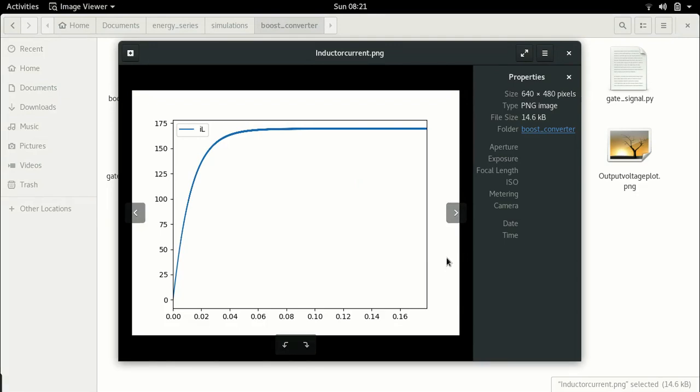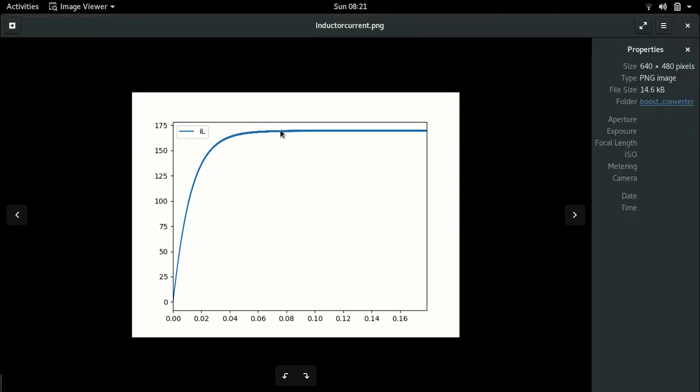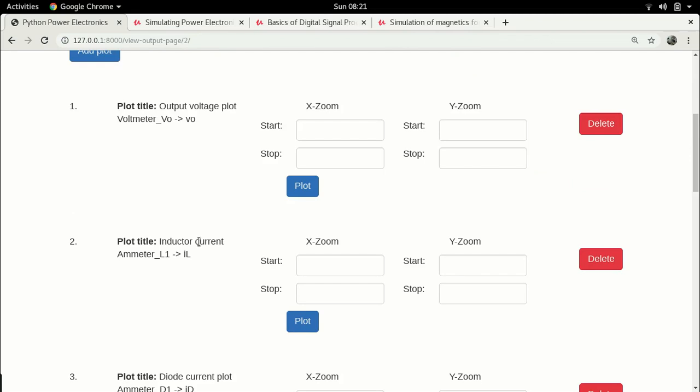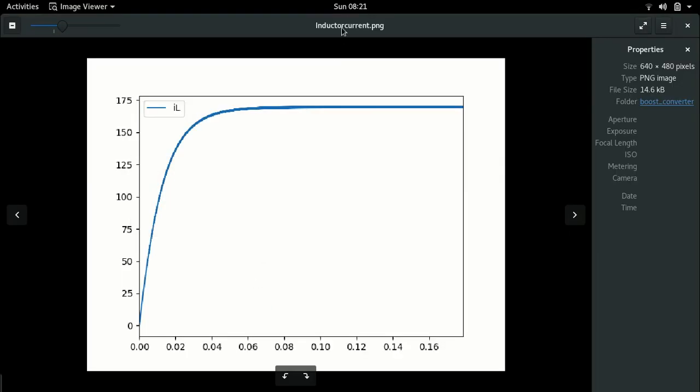And now you see the difference. Now, look at the magnitude of this inductor current. I just hope I'm plotting the correct plot. Let me just see. Inductor current, yes. Now, look at the magnitude of the current. It is 175 amperes, right?